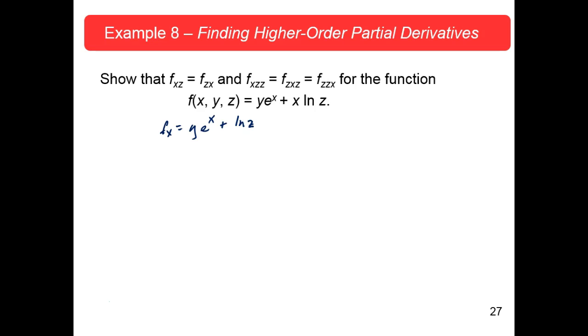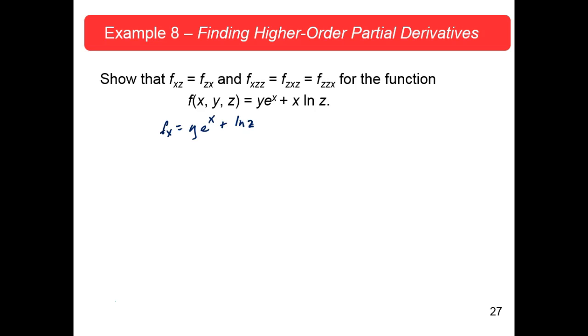Okay, you could, but why would you want to? In other circumstances, yes, but what we're looking for is f sub xz, f sub zx, f sub xzz, f sub zxz. You're not going to take a derivative with respect to y anywhere in there. So, yeah, let's not do that. We could. It's doable, but why? We're not looking for it.